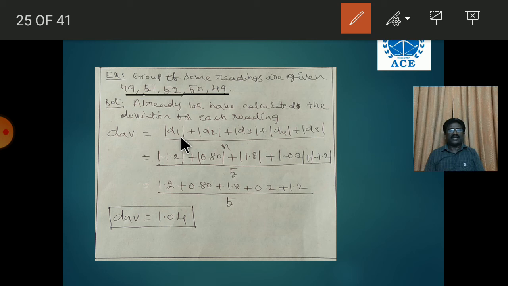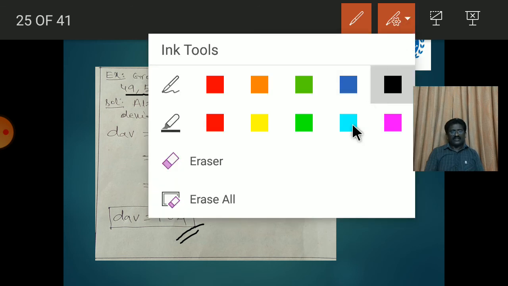Using it, we calculated each deviation: d1 equal to minus 1.2, d2 equal to 0.80, d3 equal to 1.8, d4 equal to minus 0.2, d5 equal to minus 1.2. I have taken 5 readings. Now substitute here and simplify, then you will get D AV equal to 1.04. That means your average deviation is equal to 1.04. This is the idea about average deviation.